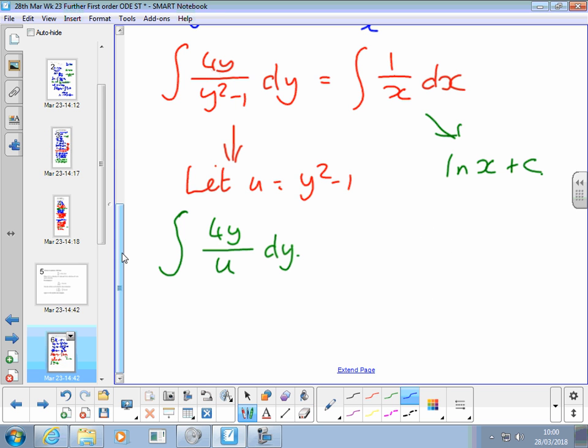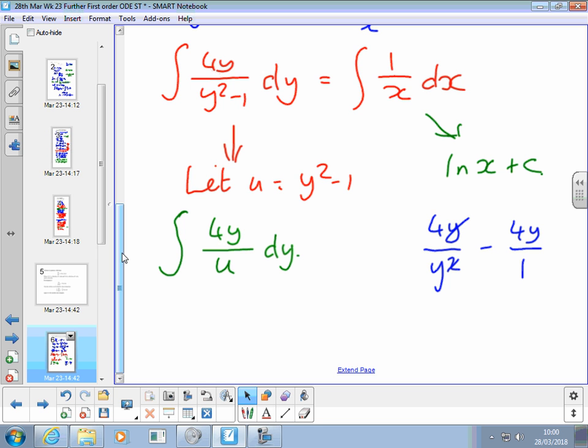That would be writing this as 4y over y squared minus 4y over 1. Now you can do that. Has that helped? No. That's the point I'm making. You can't cancel when you've got that 1 there.